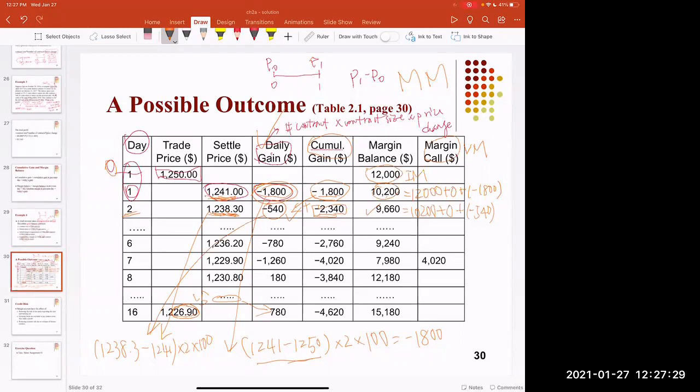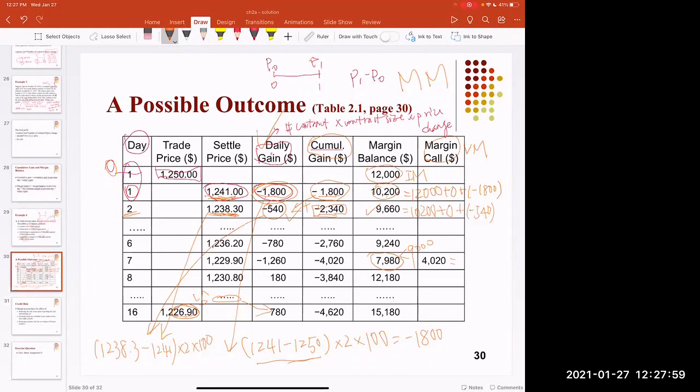And you do the same thing for days 2, 3, 4, 5, 6, and 7. Until day 7, you see you got the margin balance of 7,980. This amount is below 9,000, right? So you're going to receive a margin call, and you need to add the variation margin. How to calculate this variation margin?